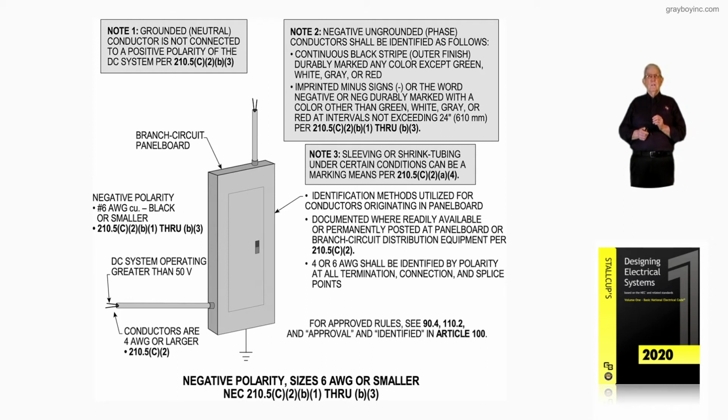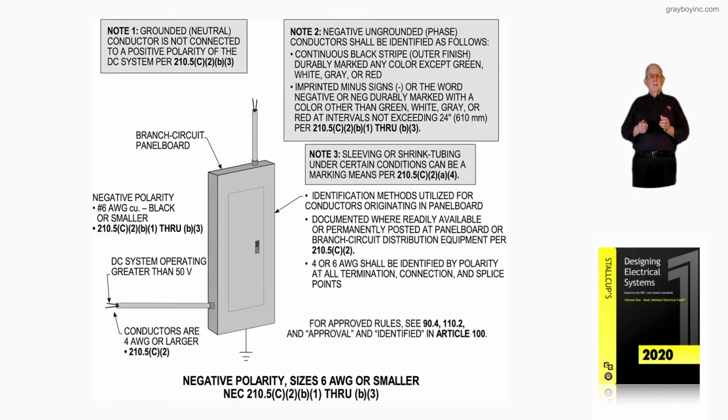The second bullet, imprinted minus sign, or the word negative, or NEG, abbreviated, durably marked with a color other than green, white, gray, or red. Again, at intervals not exceeding 24 inches as required by 210.5(C)(2)(b)(1) through (b)(3).